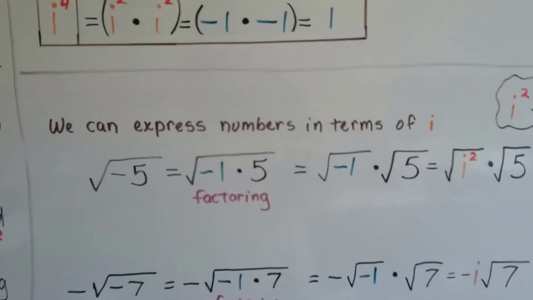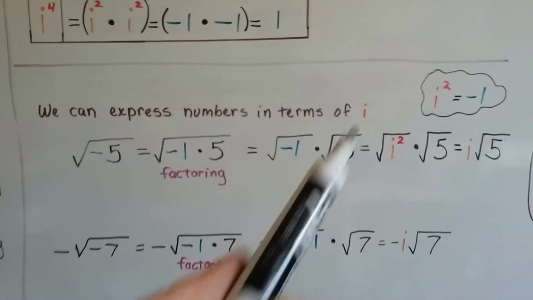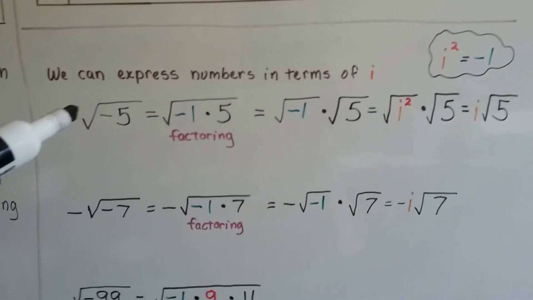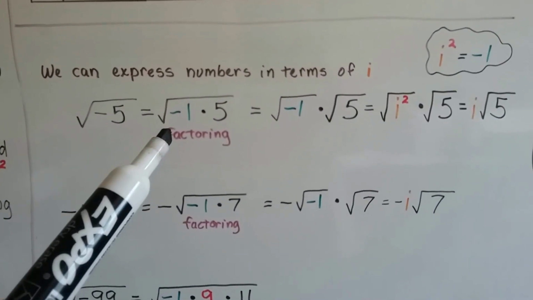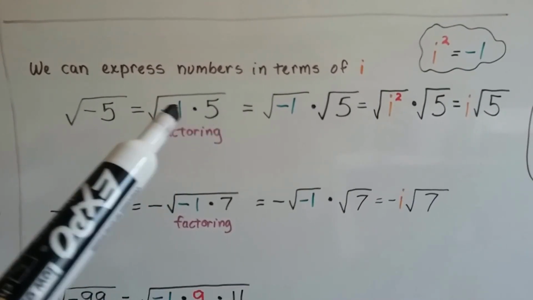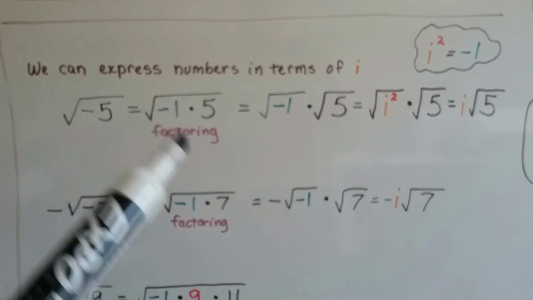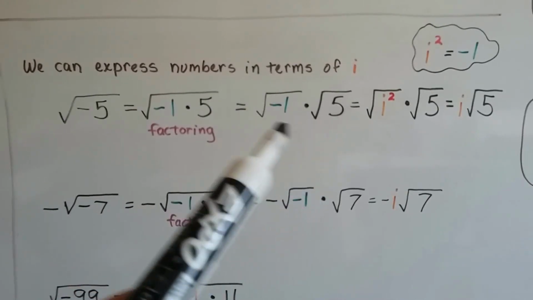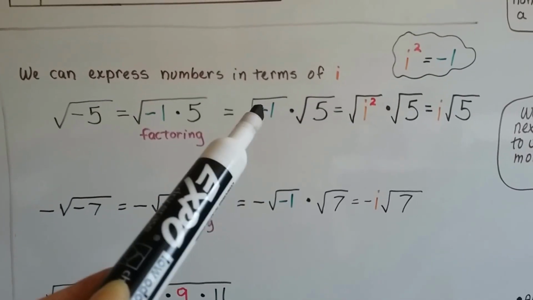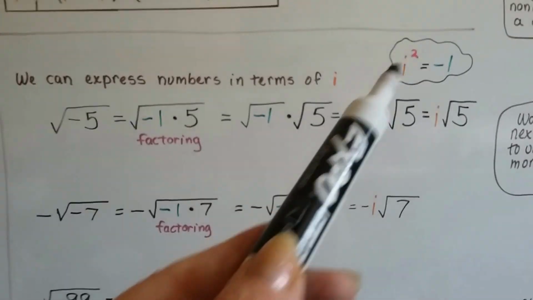And we can express numbers in terms of i. Just remember that i squared equals -1. If we have the square root of -5, we can factor it as -1 times 5 as the radicand. We can split them into their own radical sign. So we have the square root of -1 times the square root of 5. We know that -1 equals i squared, doesn't it?